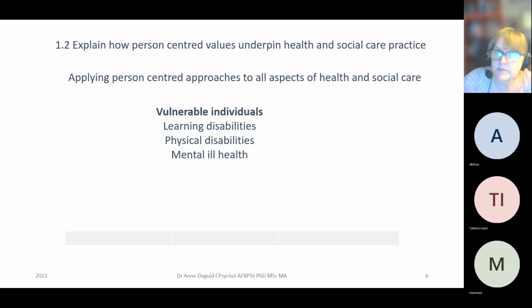Okay? The same with physical disabilities or post-surgery, even if you're going to become a nursing assistant, something like that. Physical disabilities, depending on the type of disability that the person has, there can be a lot of issues to do with sensitivities about how other people see them, things they are able to do, for example, feeding themselves.